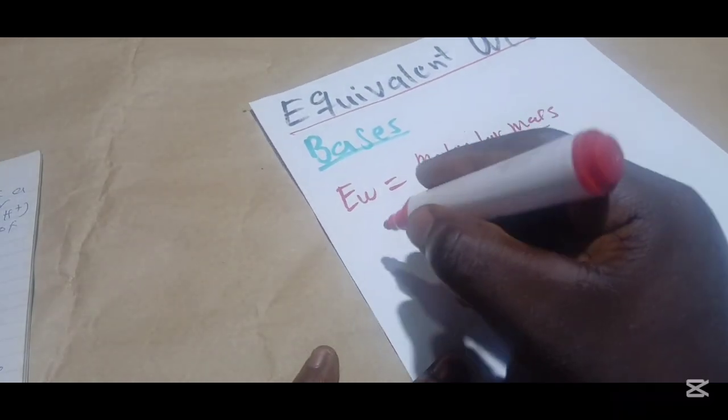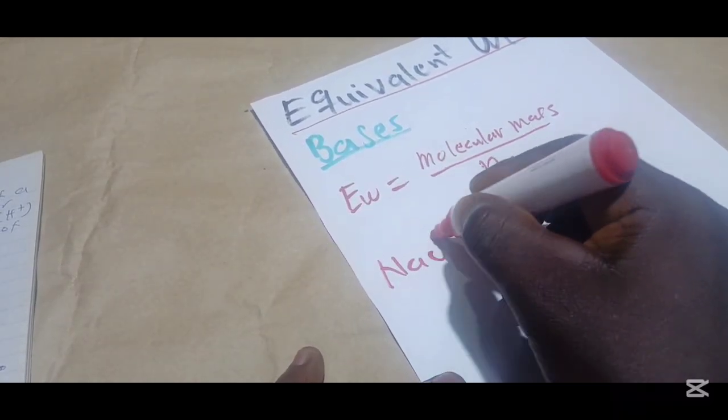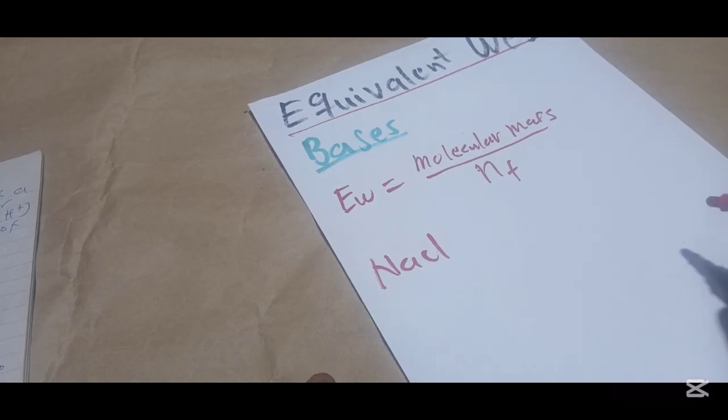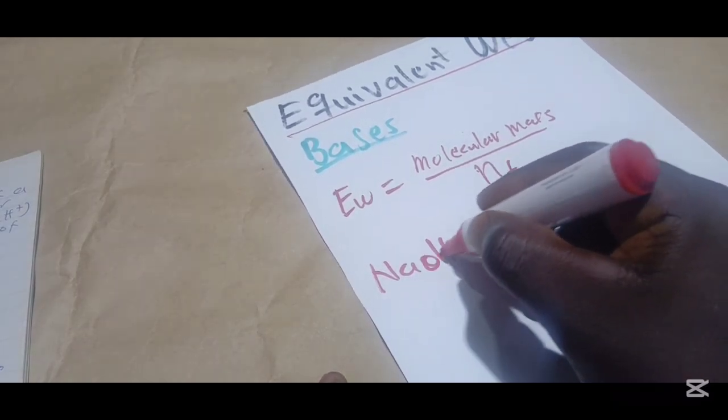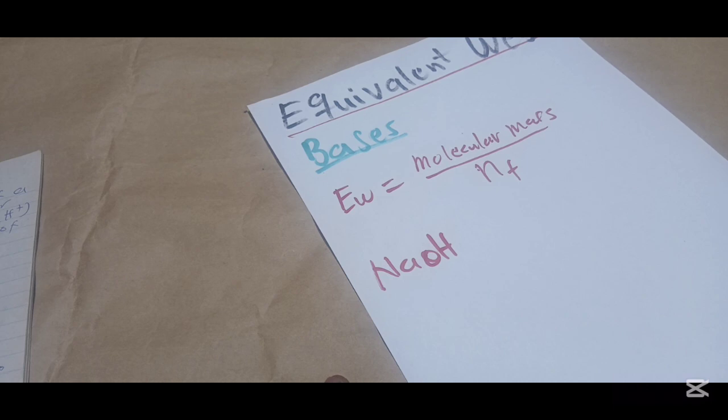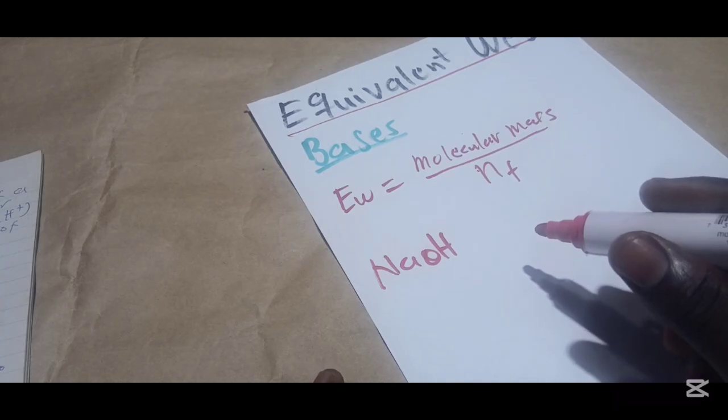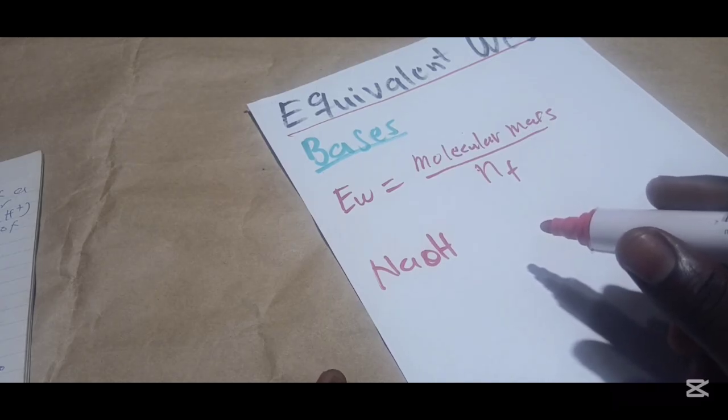So let's find the equivalent weight of NaOH. For bases, when it comes to the n factor, we look at the number of OH ions that the base can supply per molecule.